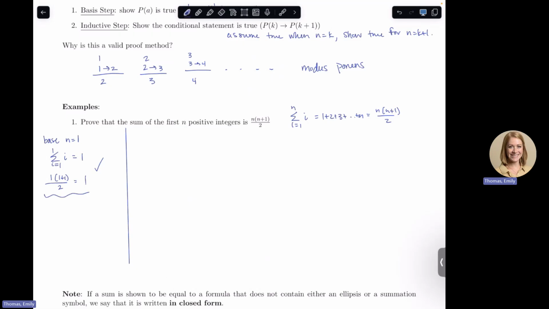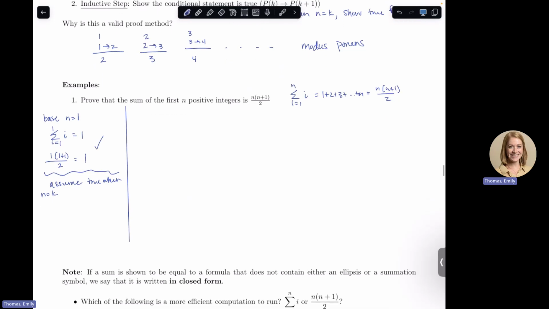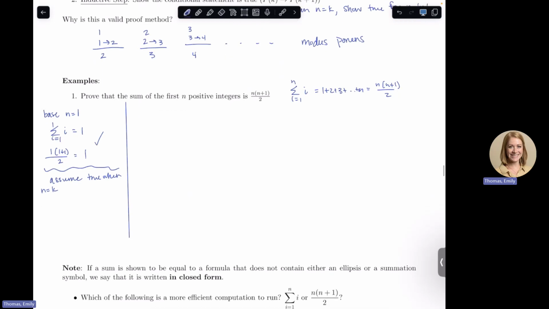Okay, and then what we want to do is assume it works, assume true when n equals k. Do y'all want summation notation or not? Yes, I like summation.